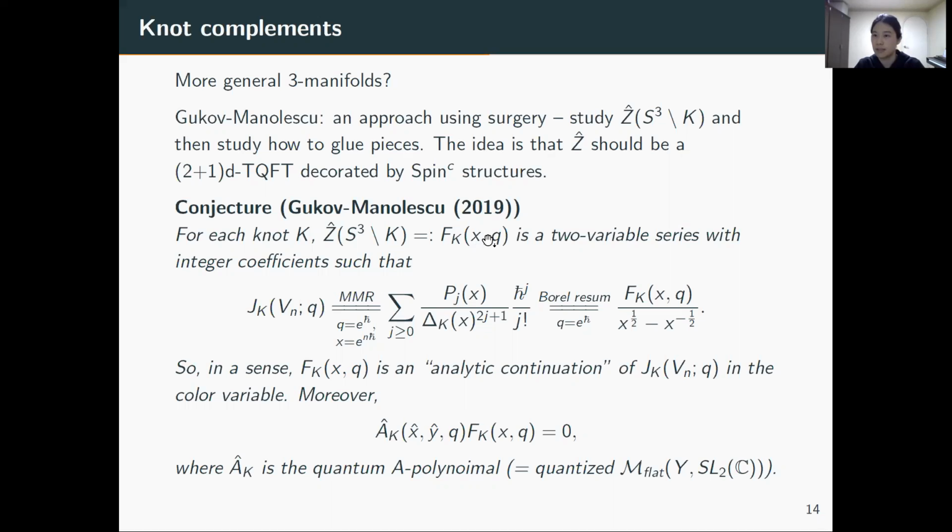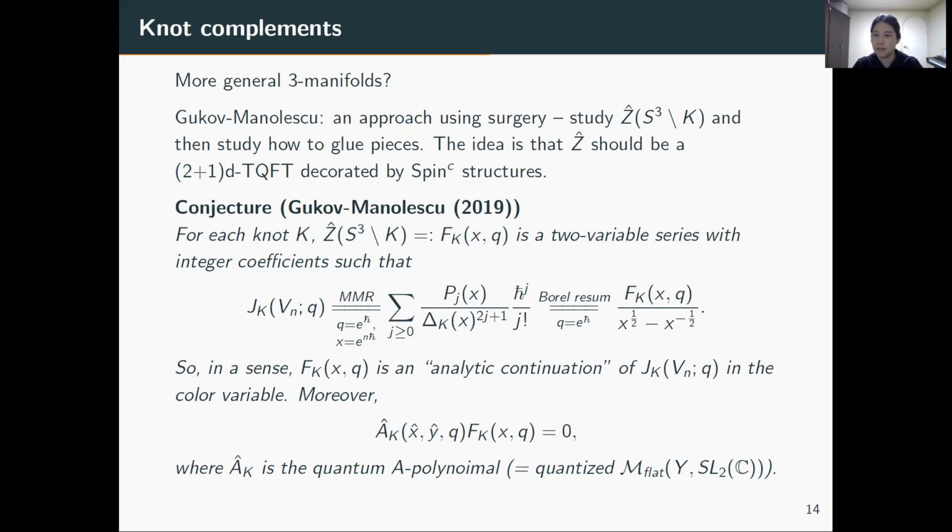The first is that, remember, Z-hat had this additional label b, which parameterizes the spin-C structures. In the case of knot complements, because the first homology group of the knot complement is always Z, there's a Z worth of different spin-C structures, and x can be thought of as a variable that's dual to those spin-C structures.